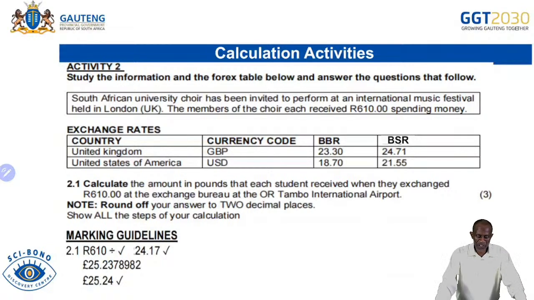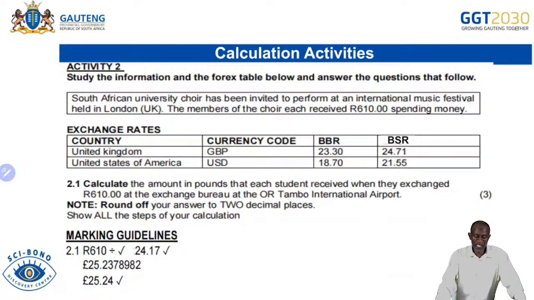A South African University Choir has been invited to perform at an international music festival held in London, the United Kingdom. The members of the choir received 610 spending money. Here are the exchange rates.